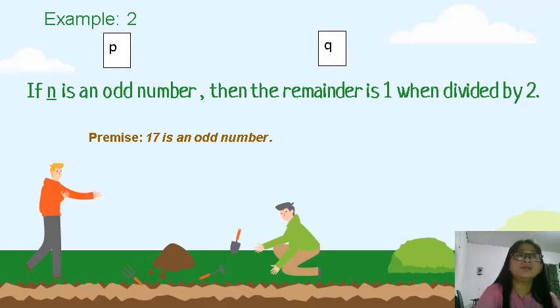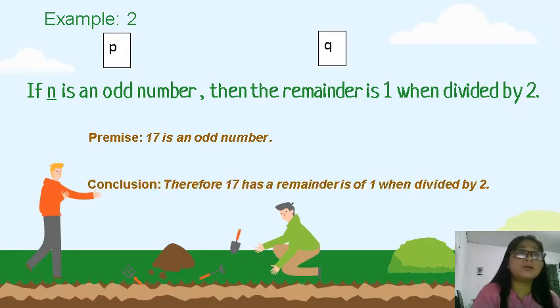Premise: we have 17 is an odd number. Therefore, our conclusion is 17 has a remainder of 1 when divided by 2. 17 divided by 2 is 8. 8 times 2 is 16. So we have the remainder 1.